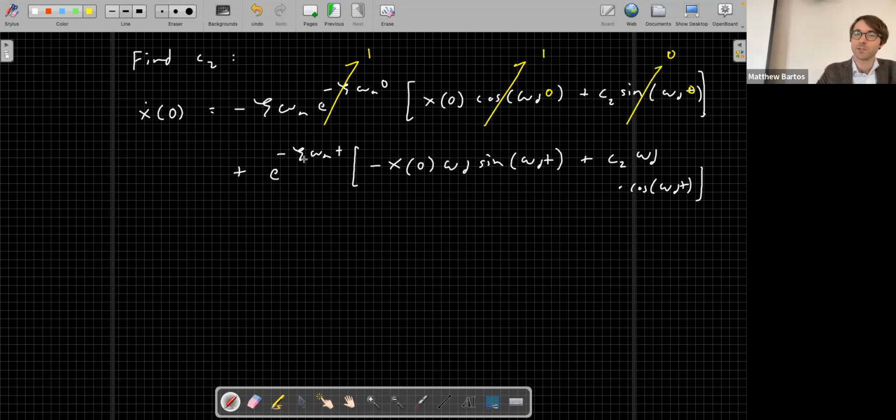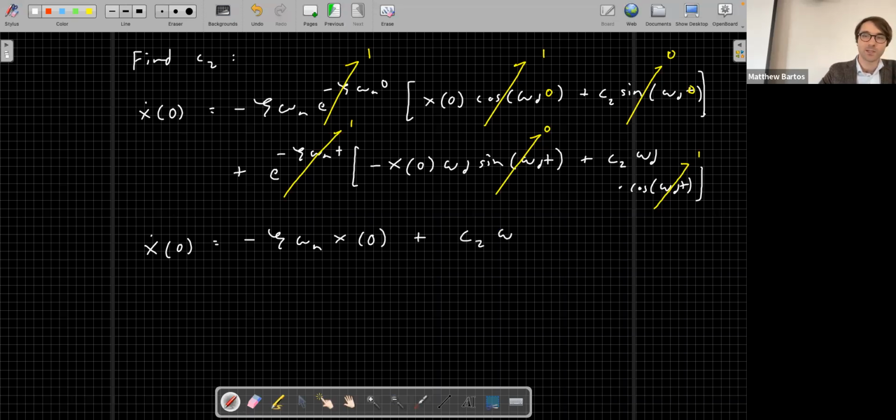Okay, what about this term here? This becomes 1. This becomes 0. And this becomes 1, right? And so we can simplify this. And what we end up with is x dot 0 is equal to negative zeta times the natural frequency times the initial displacement x0 plus c2 omega d.